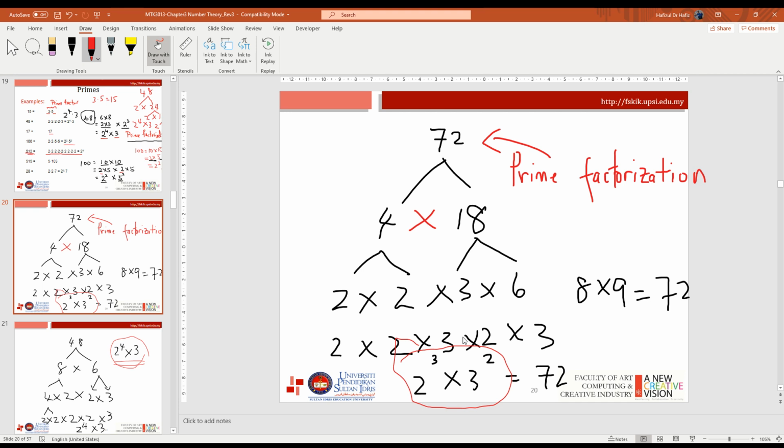And then here we can also distribute 6, 2 multiplied by 3. And then for the prime factorization, we have 2 multiplied by 2 multiplied by 3 multiplied by 2 multiplied by 3. And then you got 2 power of 3 multiplied by 3 power of 2.